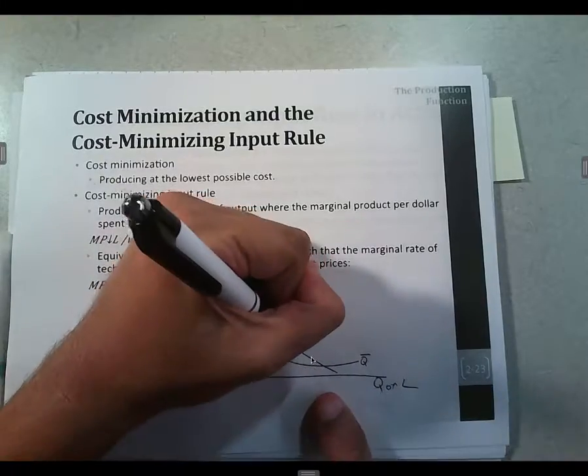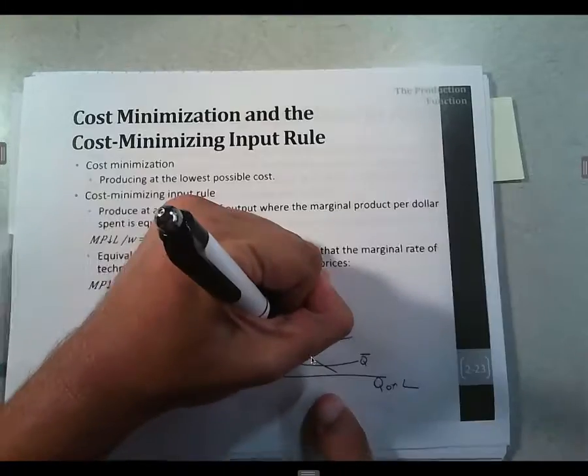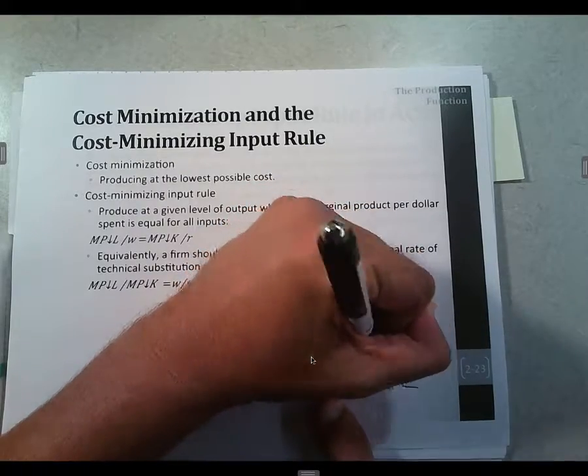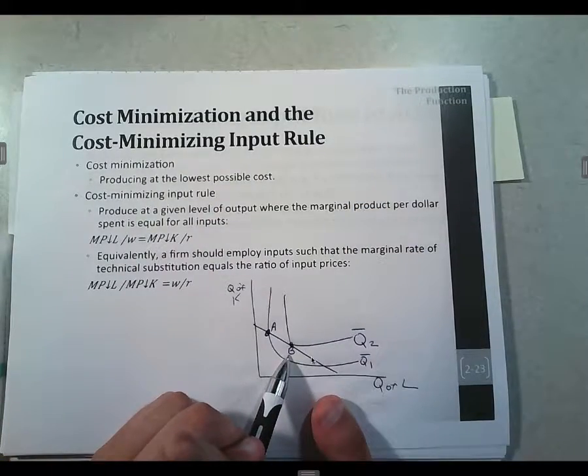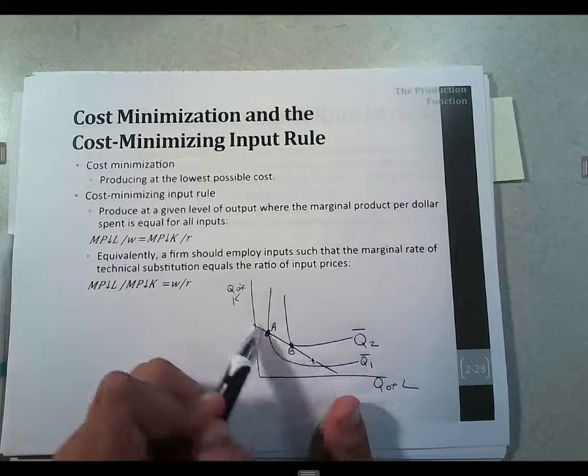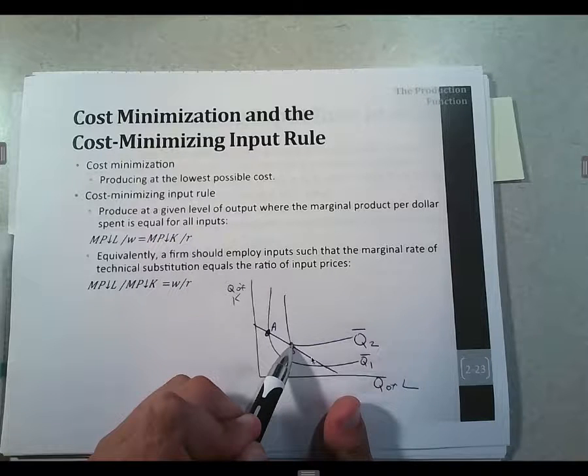But wouldn't it be possible to be at point B, where it's just tangent? And look what I get. I spend the same amount of money because they're both on the same ISO cost line, but I get more production where they're equal.